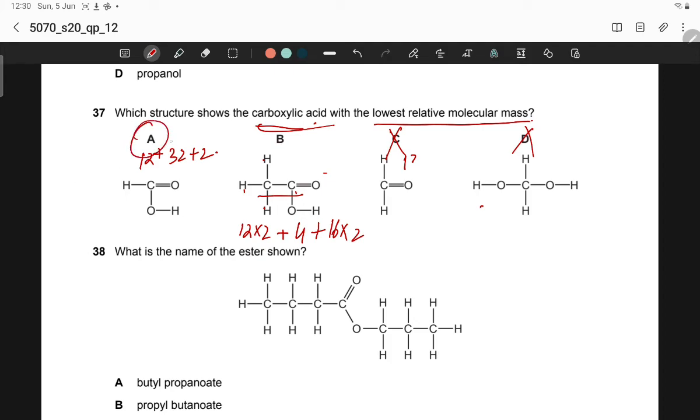So A has lower Mr. 24 plus 4, 28, 28 plus 32, 60. So Mr of this is 60. So A is the correct option.